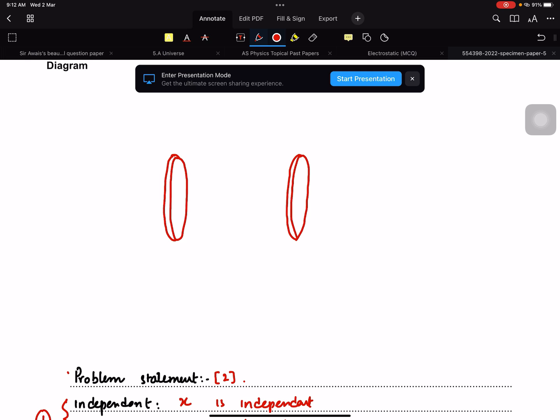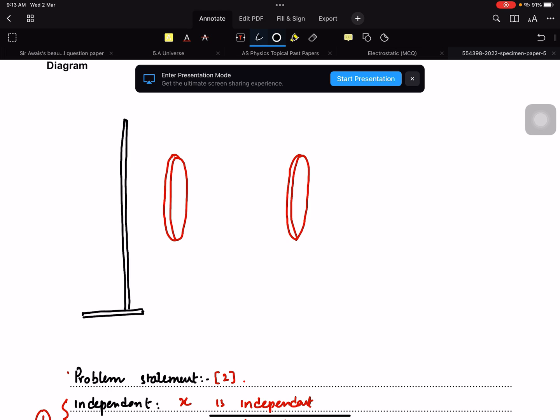Now coils can't just stay hanging in air, so you have to make sure that you hold them, and holding them is super easy. What you can do is use a stand. Just draw a neat drawing.